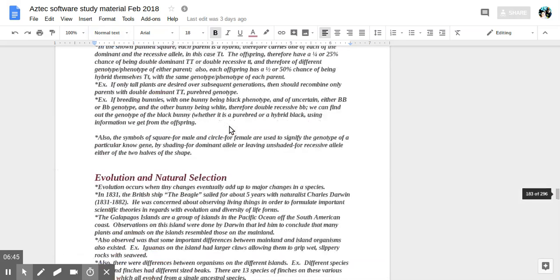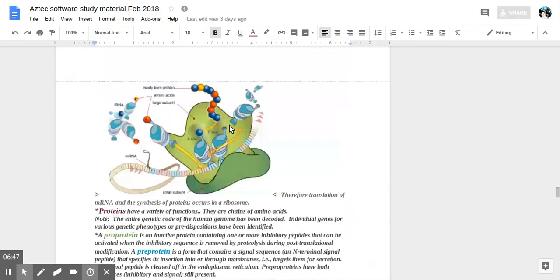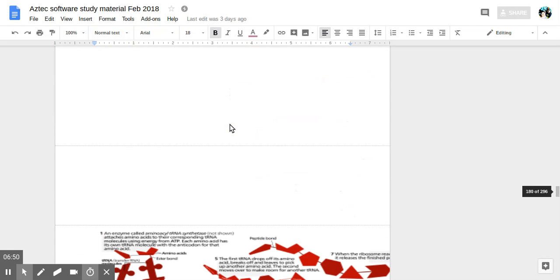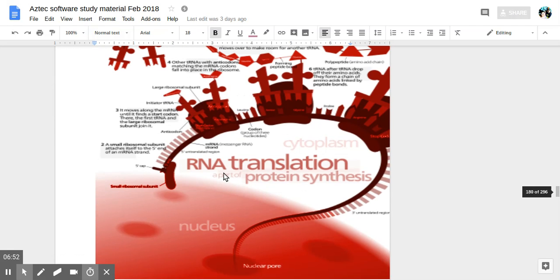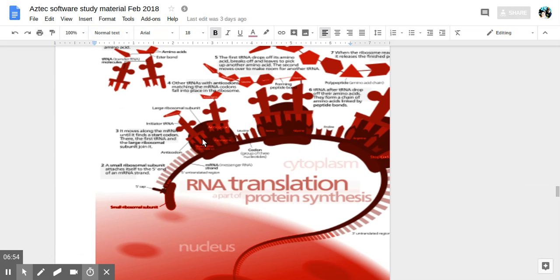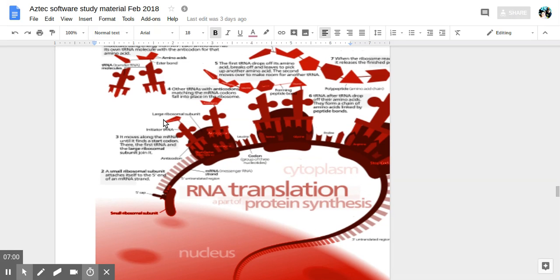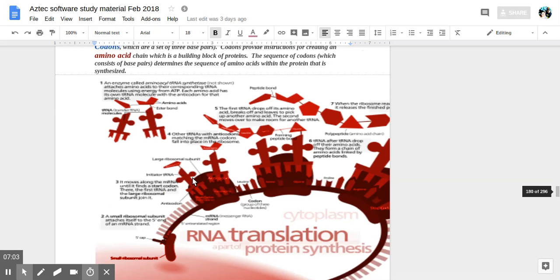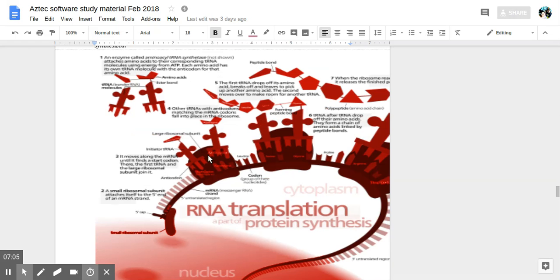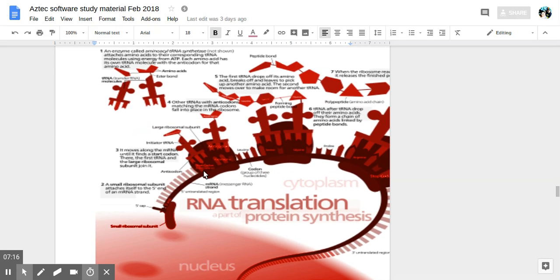So the anticodons on the tRNA, the tRNA are like right here, and the molecule has the amino acid on one side, bound to it via an ester bond, and the anticodons, which complement the codons or the triple base of the mRNA chain.